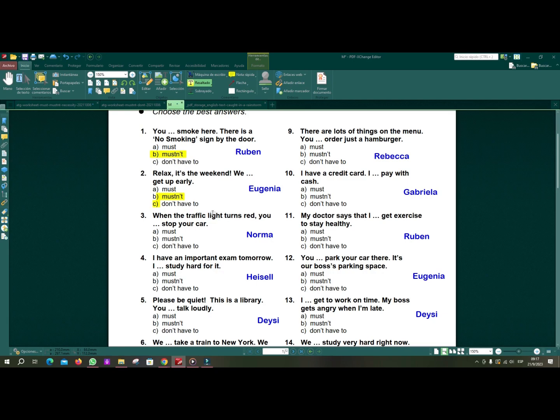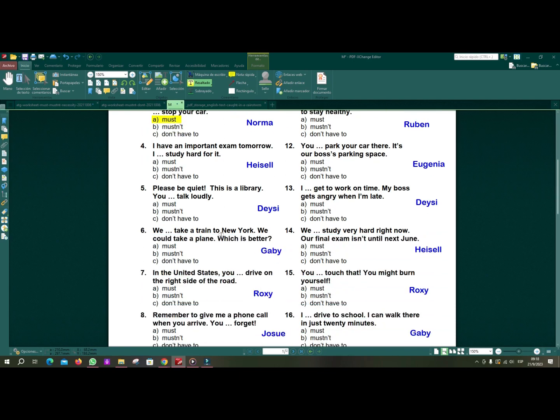When the traffic light turns red, you stop your car, right? So, when the traffic light turns red, you must stop your car, okay? So that will be letter A, the answer for that, okay?